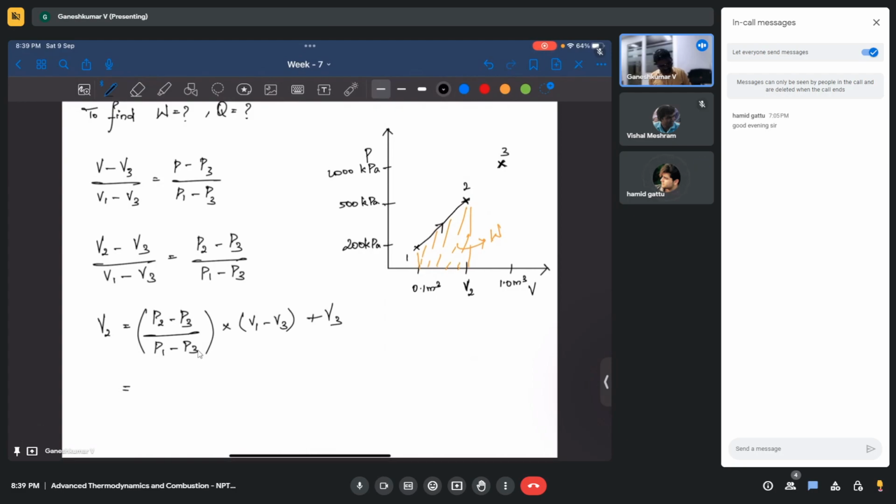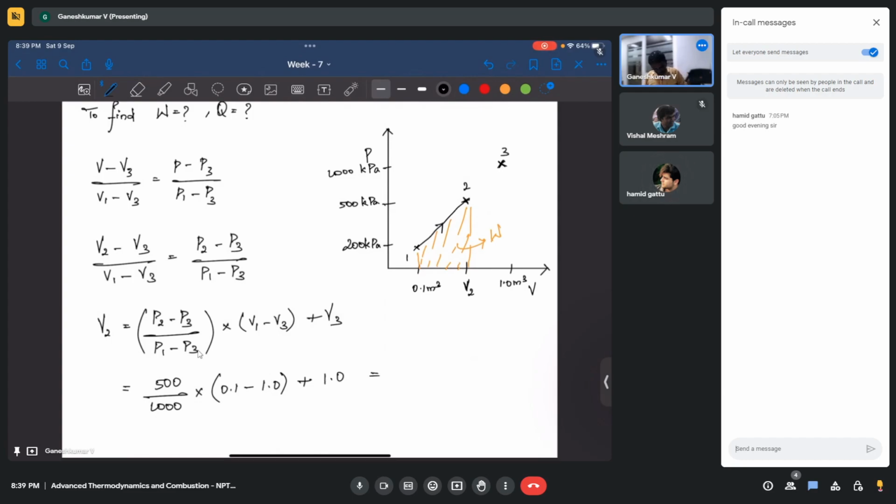Let's say if you do this, is that clear? Did I go too fast? Yes, sir. Well, it's going to be 500 divided by 1000 times V1 minus V3, which is 0.1 minus 1 plus 1.